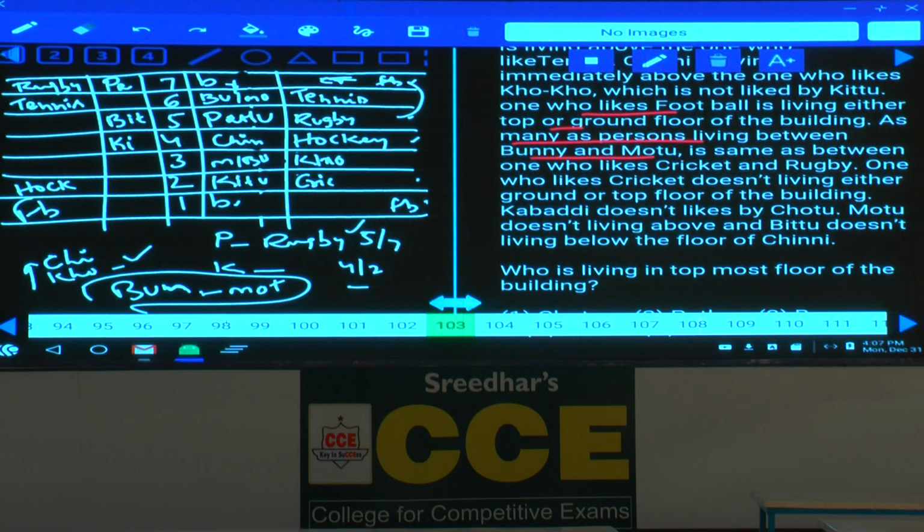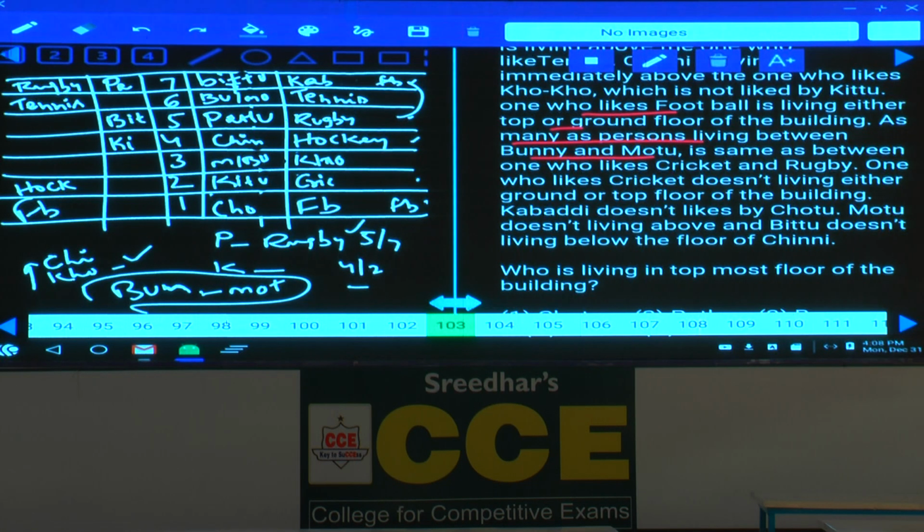Bittu must be on the 7th floor only, because this person is not below this. If Bittu is at this place, then who is the other person left over? Chotu, and Chotu must be on the ground floor. Chotu does not like Kabaddi, hence this person must like football. If this person likes football, then Bittu must like Kabaddi.